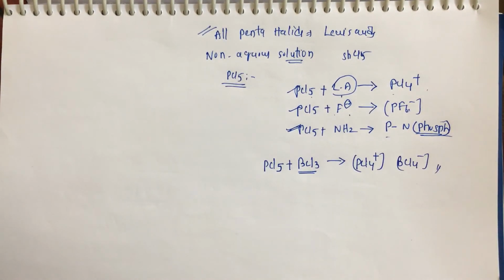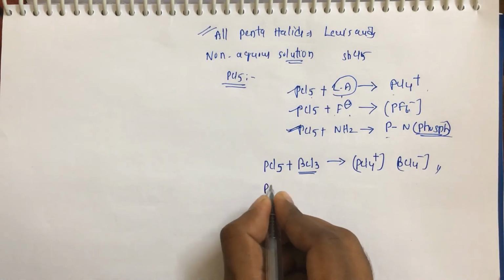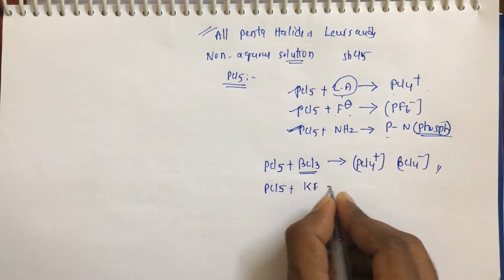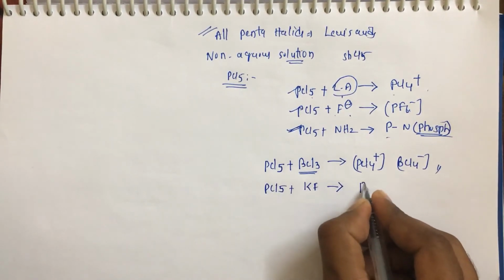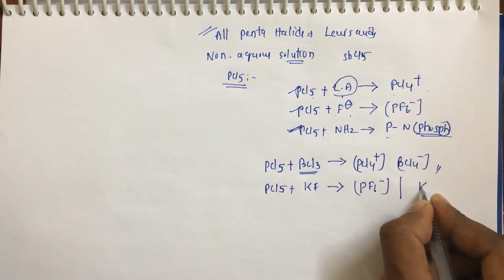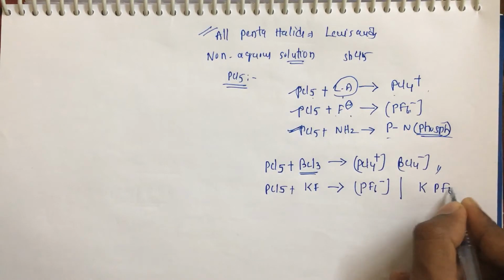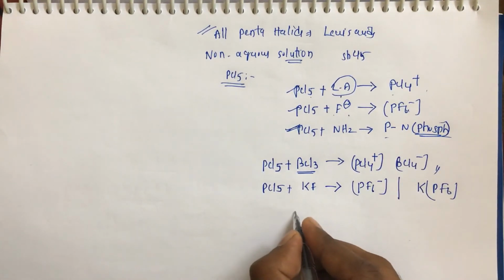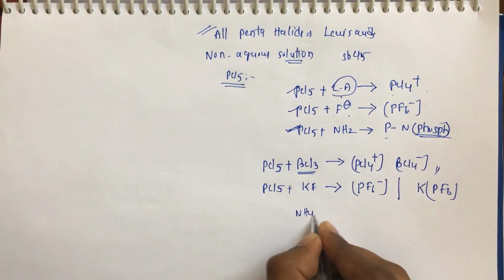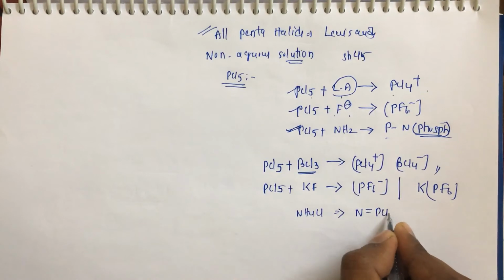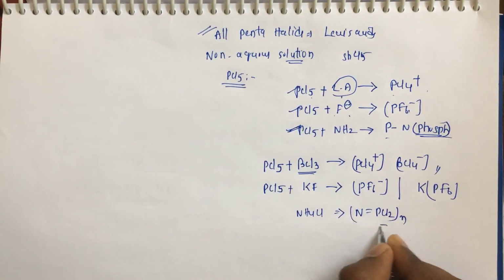Next, when we treat PCl5 with KF, we get PF6 minus, which we can also write as KPF6. And when we treat it with NH4Cl, we get N double bond PCl2, cyclophosphazene.